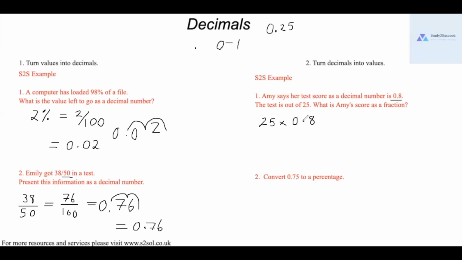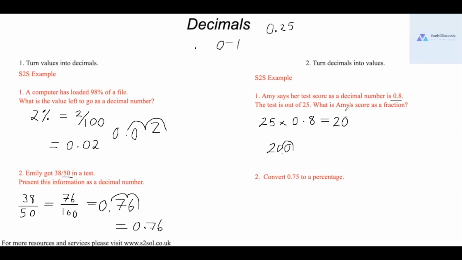So we've only got one decimal place here. So with 200, all we would do is shift our decimal point back 1. And so therefore, 25 multiplied by 0.8 is 20. And that is our answer for this sum.